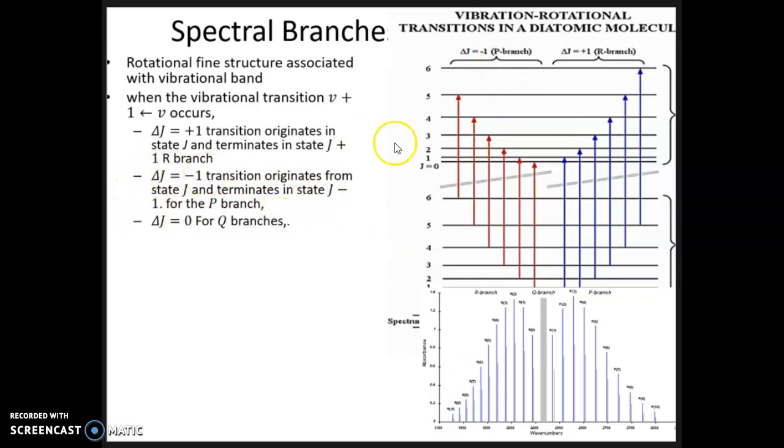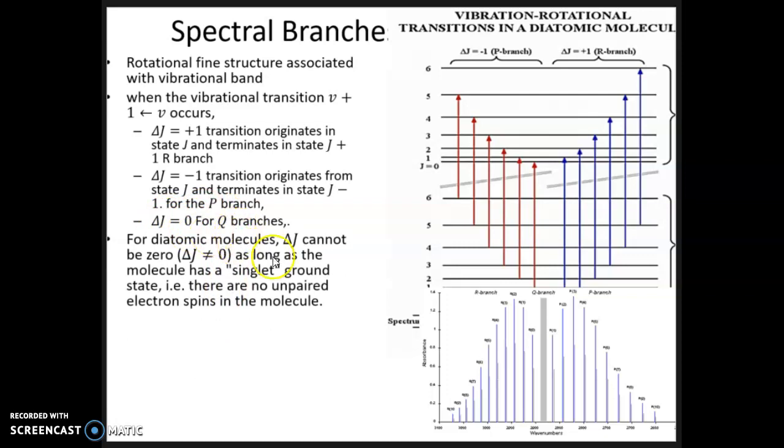When delta J is -1, we have P branches. The one represented from 2 to 2, 3 to 3, that's delta J equals 0. We call that the Q branch. Q branches are not usually common, but at least this is a source of broadening that we see in a vibrational spectrum.